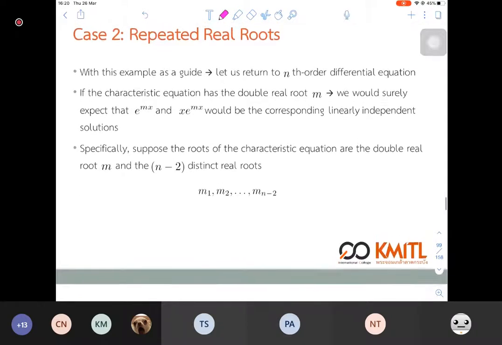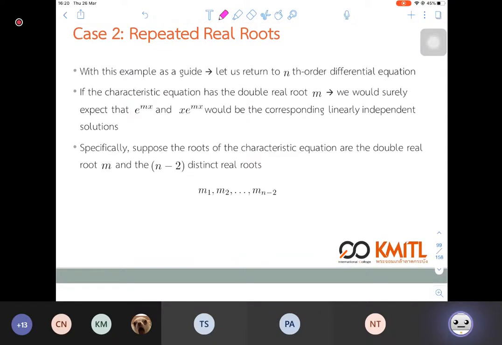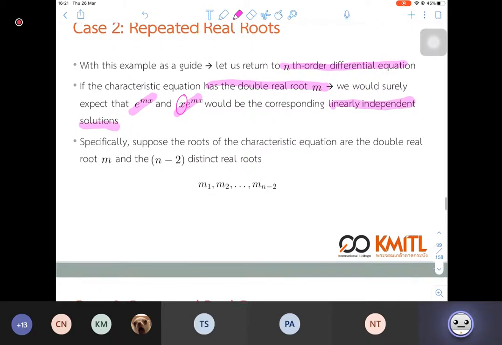So if you have an nth order differential equation and you have the double real root m, then one solution is e to the power of mx and another one is x e to the power of mx. Just multiply by x, and those two would be linearly independent solutions. Okay.